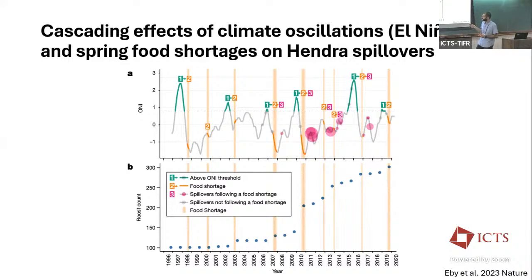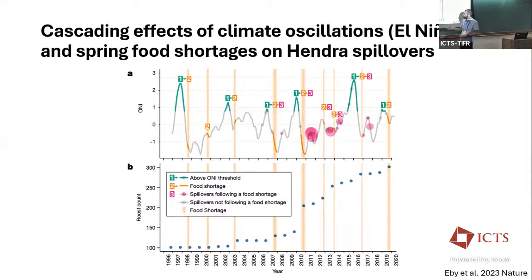So there's an El Nino event, there's a food shortage, and that is when you see spillover events. So first there's El Nino, then the bats experience this food stress, and then they go into winter, and then there's this big shedding event.